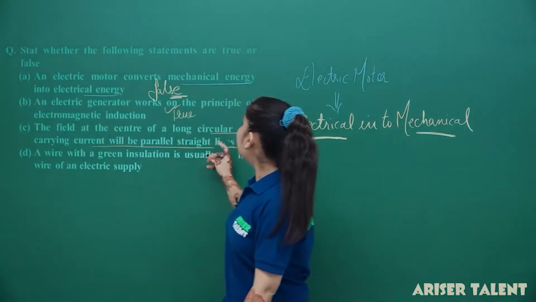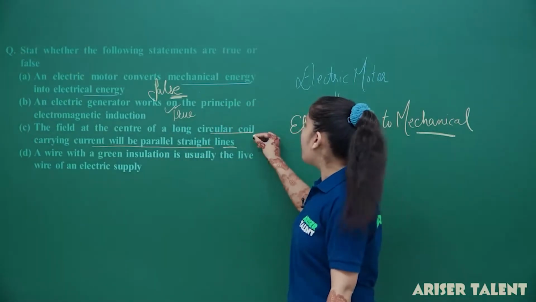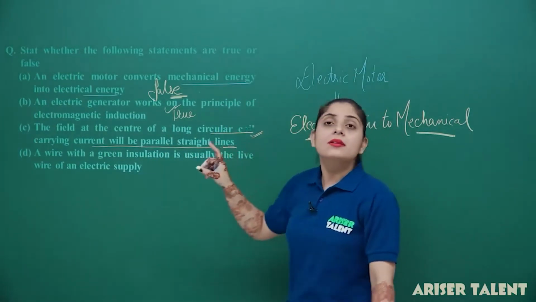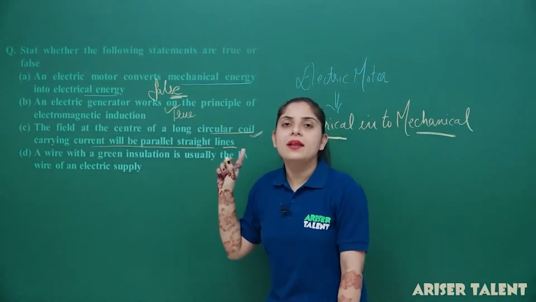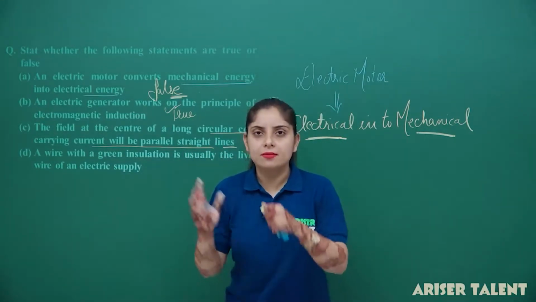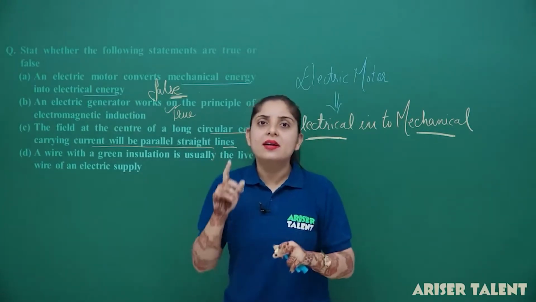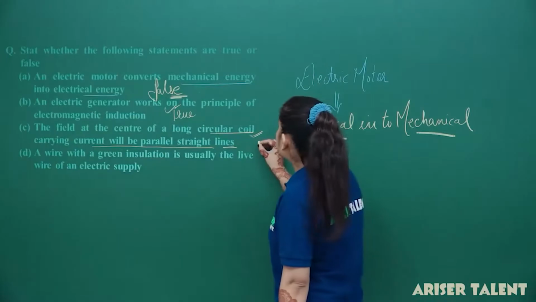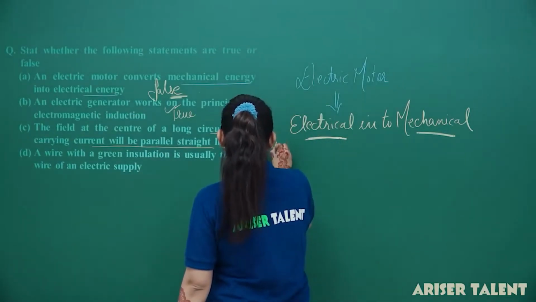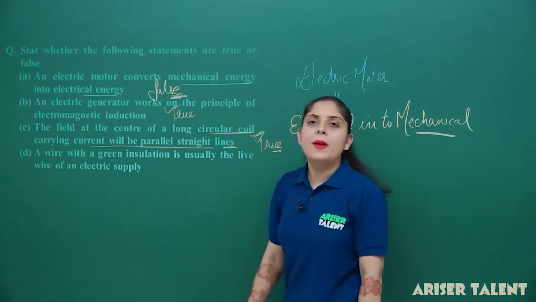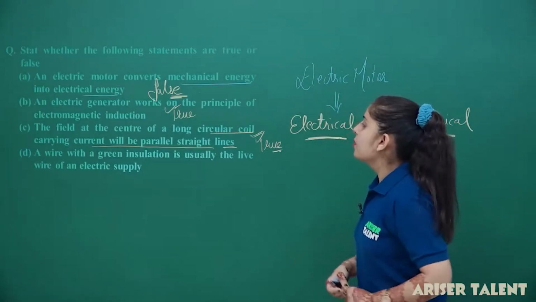As we discussed in our chapter, the magnetic lines produced in this coil will be straight lines at the center and circles at the corners only. So this statement is again true. It will be long parallel straight lines.